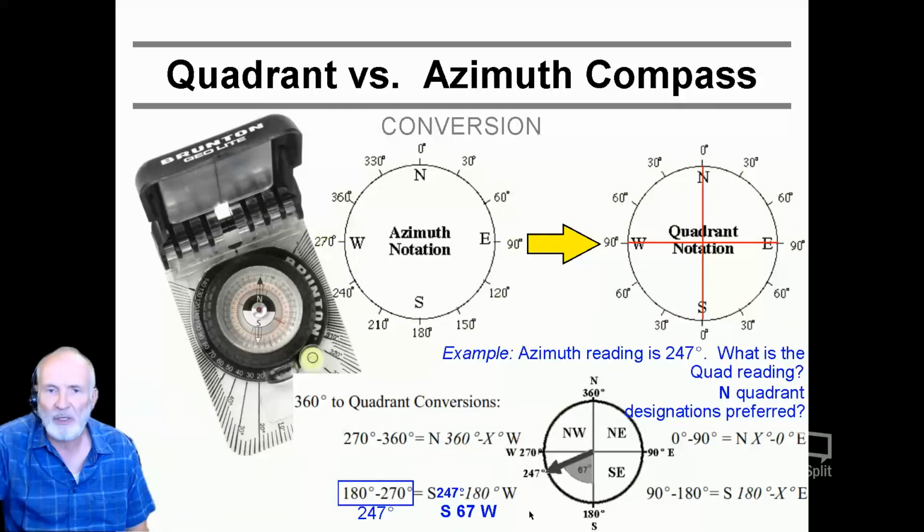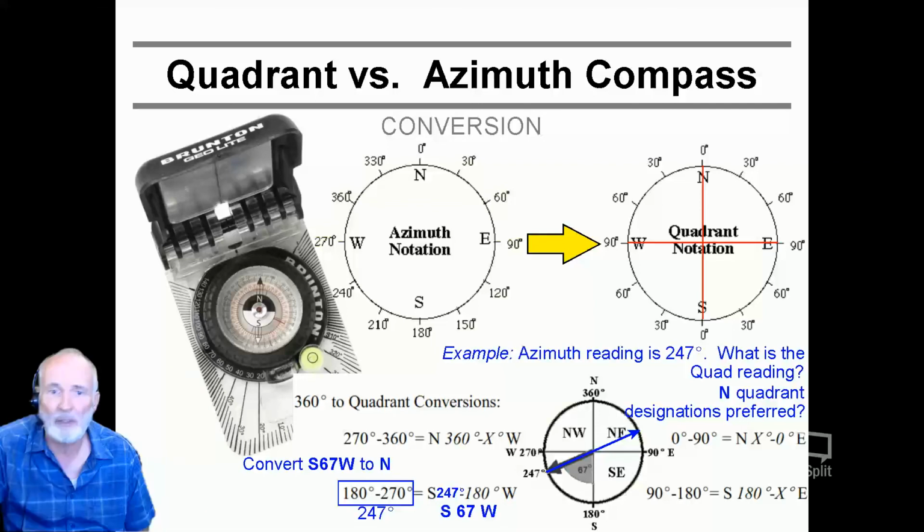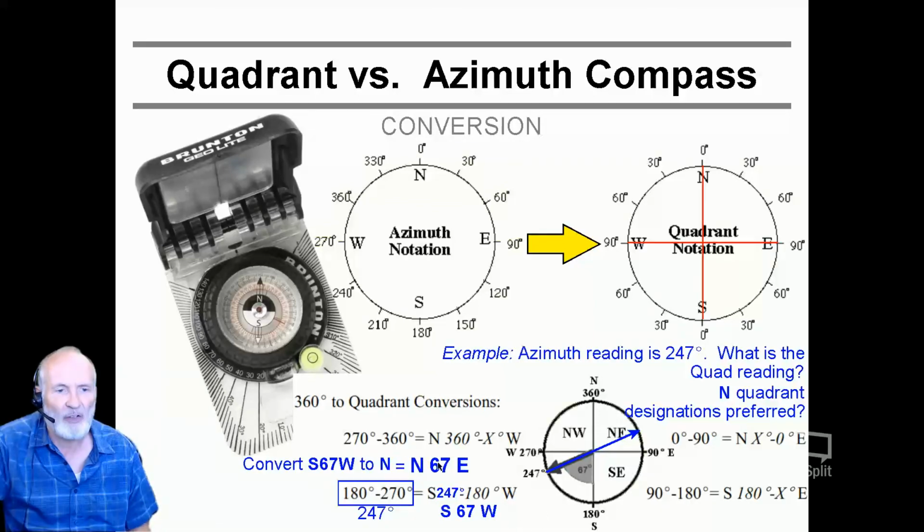Very simple. You can use it optically too. Convert south 67 west to a northern quadrant designation. Well, draw a line straight across. Exactly the opposite would be the same right over there. So it's actually fairly simple. It's the adjacent, the kitty-corner quadrant on the other side, north 67 east.